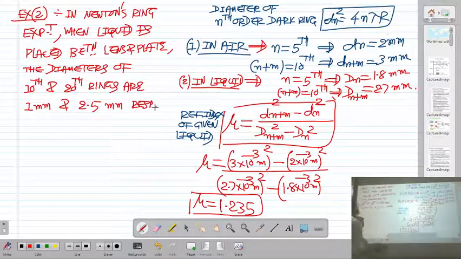So what you are given: when liquid is kept between lens and plate in a liquid film, the diameter of the 10th dark ring is 1 mm, and the diameter of the 20th dark ring is 2.5 mm.